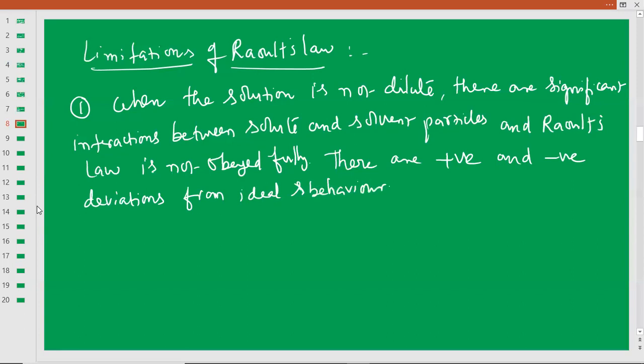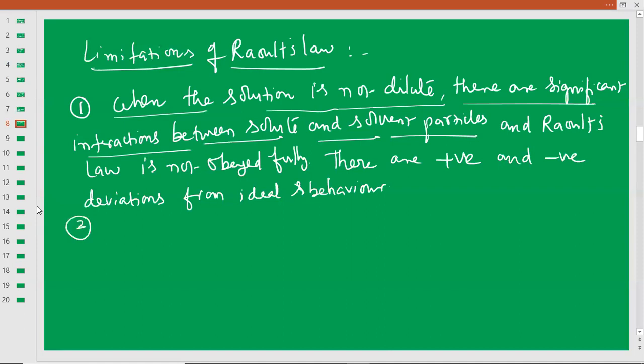Ideal behavior, that is one thing, understand. So when the solution is not a dilute solution, definitely there will be significant interactions between solute and solvent particles that is not obeying the Raoult's law. So there should not be any kind of concentrated solution.